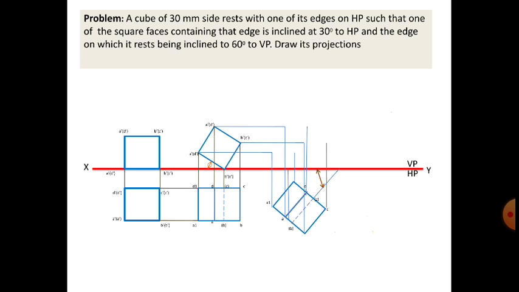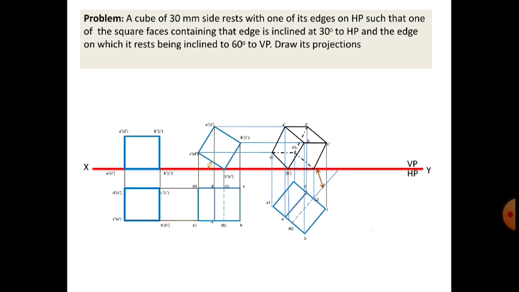Once they intersect, write down the labels done on both the objects at those respective junctions. Once you mark it, you will get the object like this.